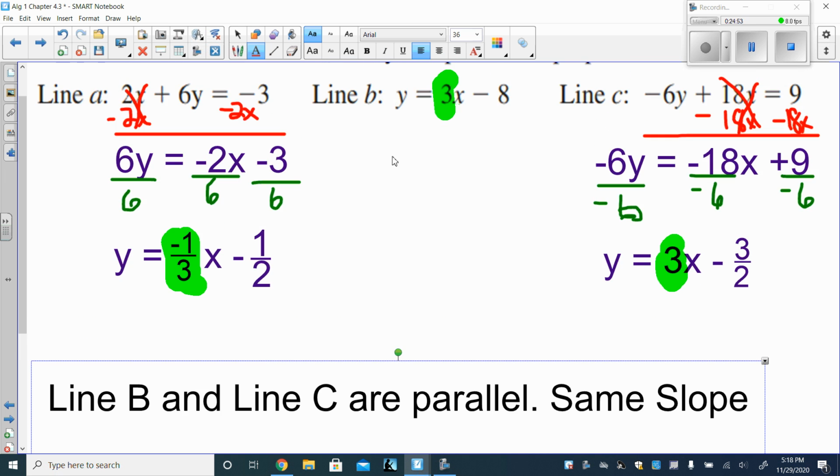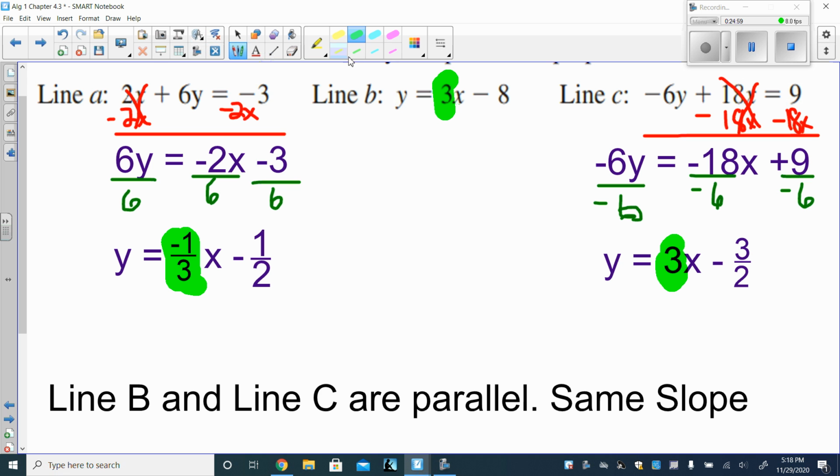Now, looking at this, well, it could be perpendicular. Because for it to be perpendicular, we have to have the opposite reciprocal. Because if the slopes are opposite reciprocals, then they are perpendicular. Well, the opposite reciprocal of positive 3, the opposite would make it negative.